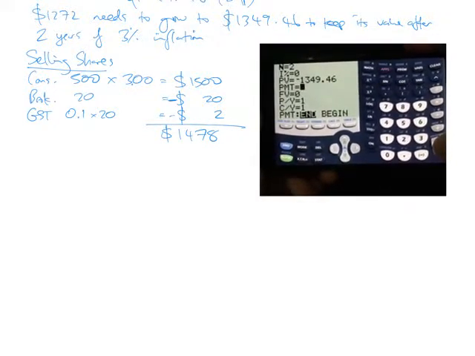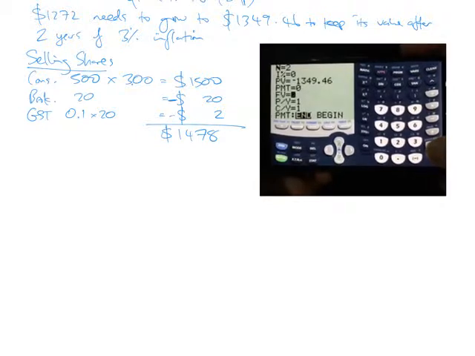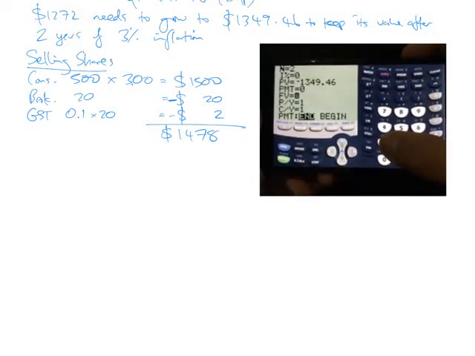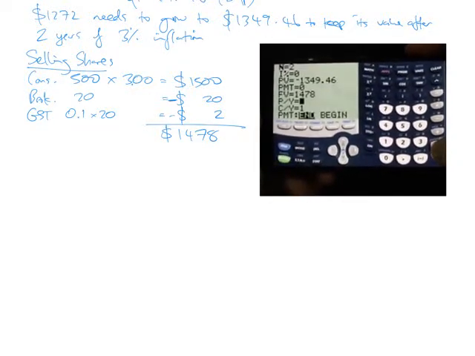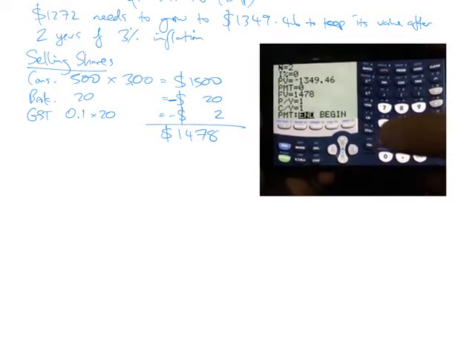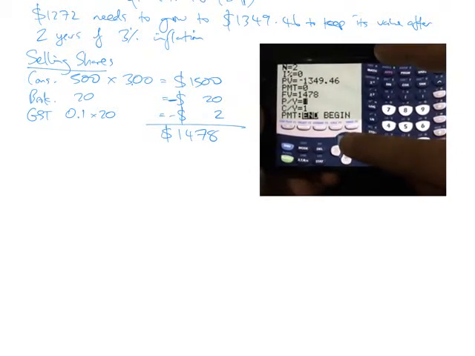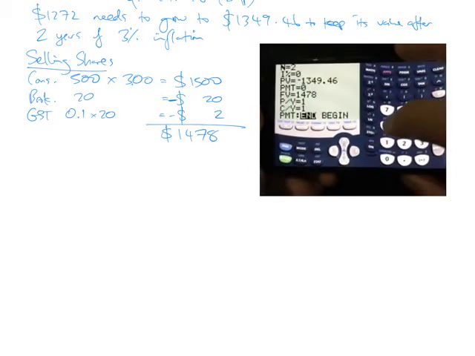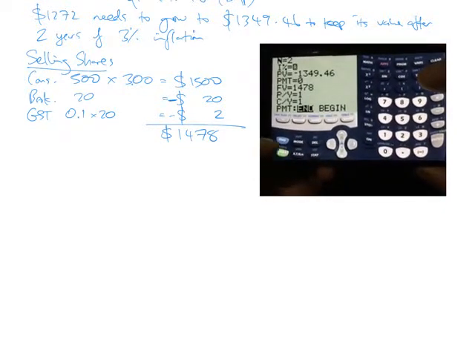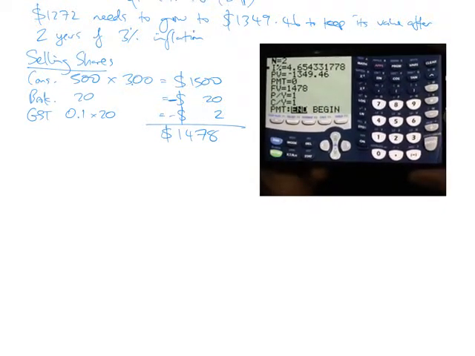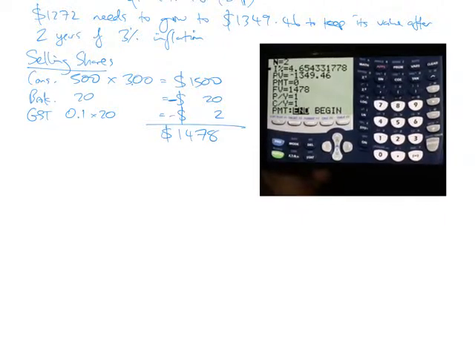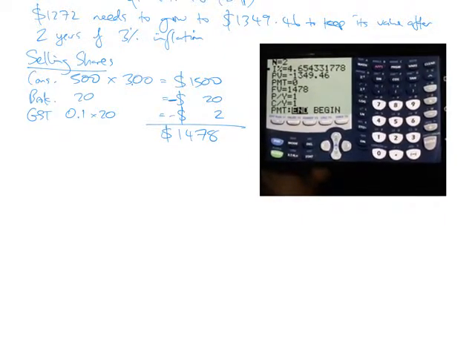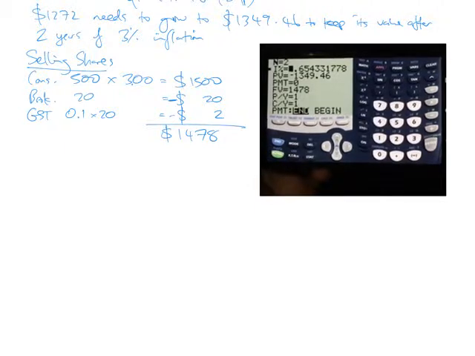PMT remains at 0 because we're not making any payments. FV is going to be the proceeds of selling as a positive number, so 1478, and PY and CY remain at 1. Leave everything else. So now we solve for I%, and you do that by pressing alpha and the enter button to solve. So that is telling you that the annual real rate of return is 4.65% every year, considering inflation.